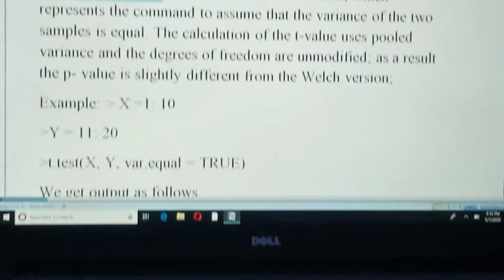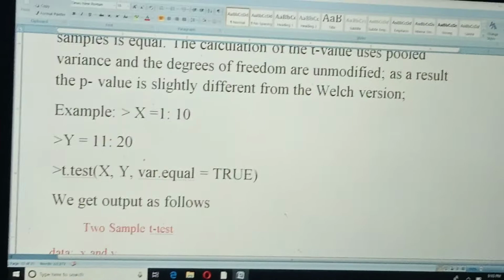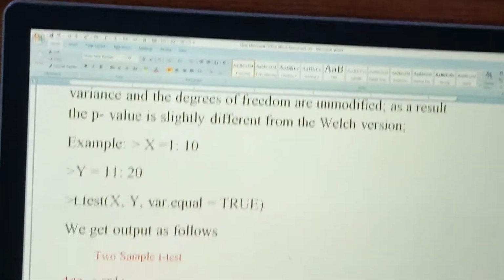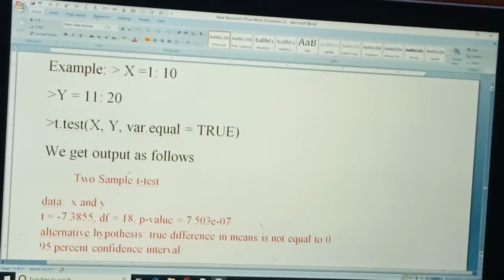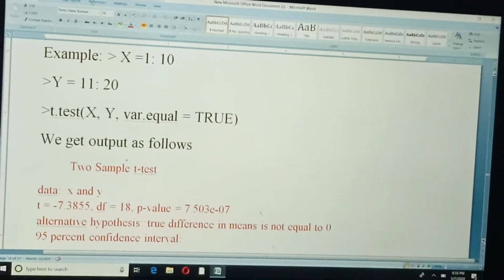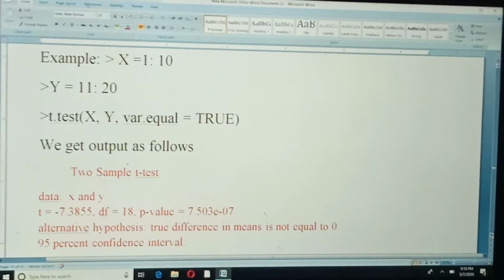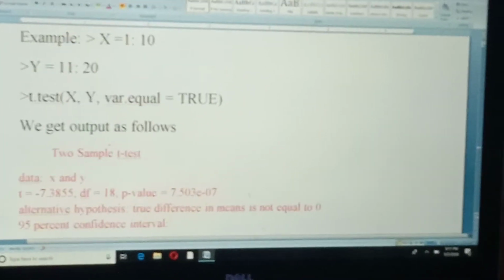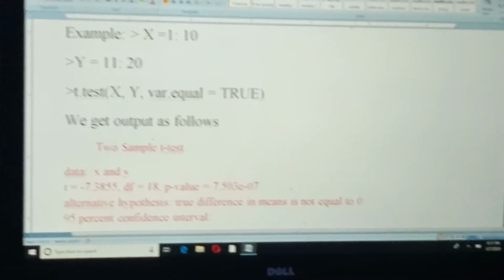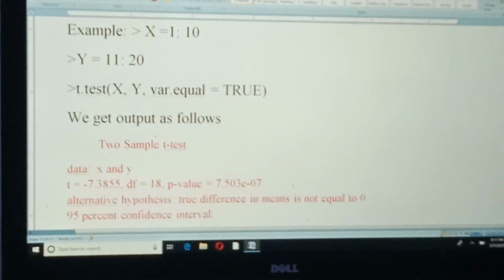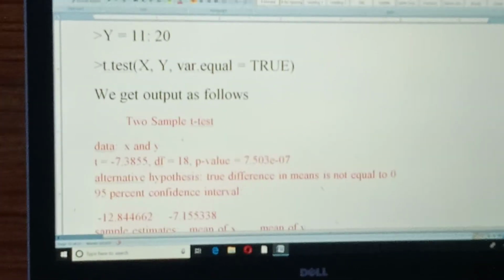Again, let us take a numerical vector x from 1 to 10, a sequence of numbers, and y a numerical vector from 11 to 20, and now we do the two sample t-test with equal variance, that is, t.test(x, y, var.equal=TRUE). Then we get the output as follows.